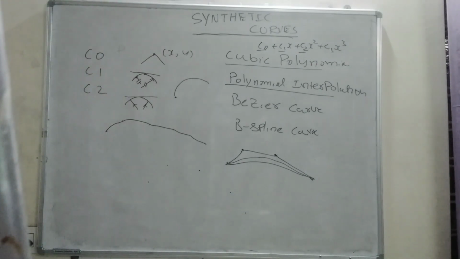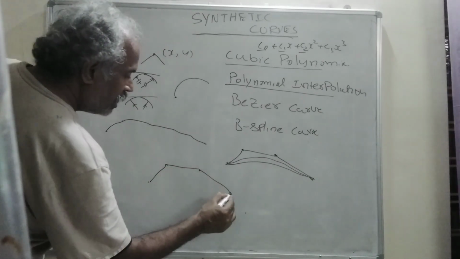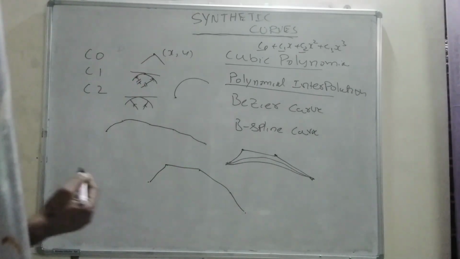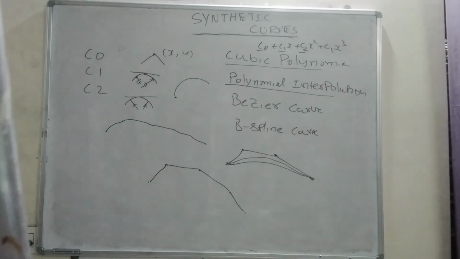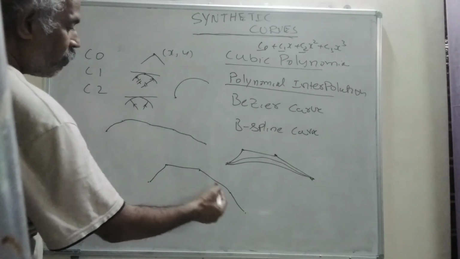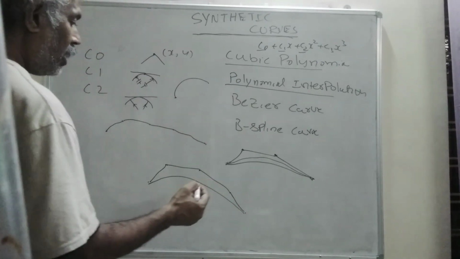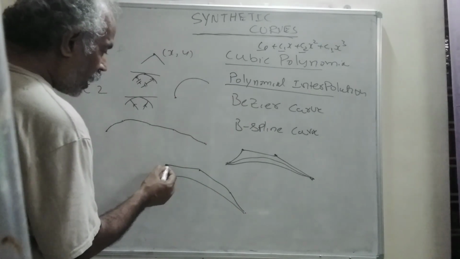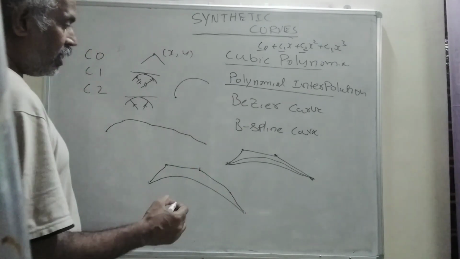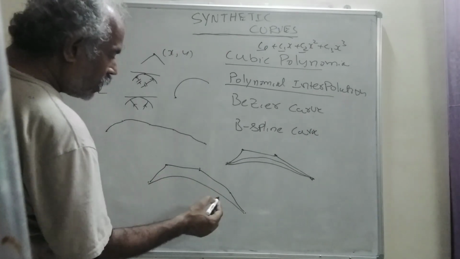That means the Bezier curve has the highest degree, and in a B-spline curve the degree can be controlled from a minimum value up to the maximum set by the control points. So apart from controlling the control points, in the B-spline curve we control the shape of the curve by knot points.